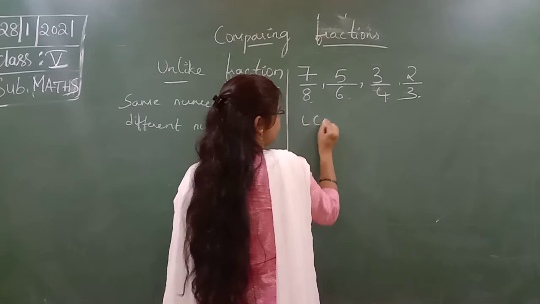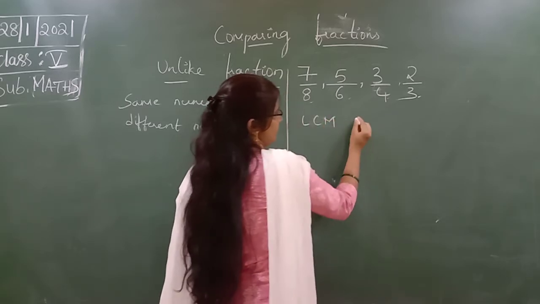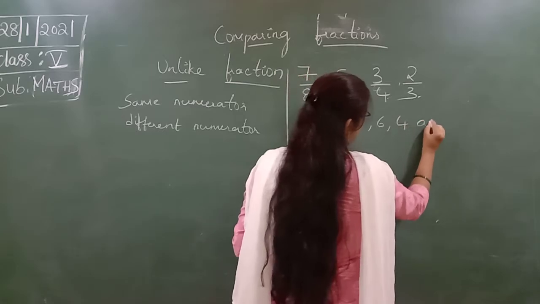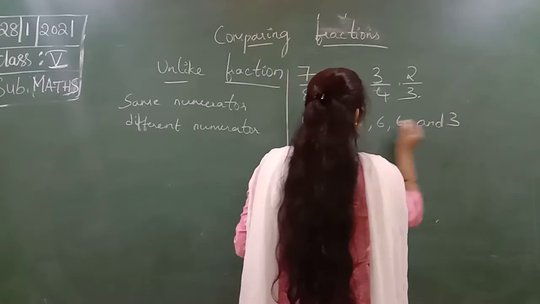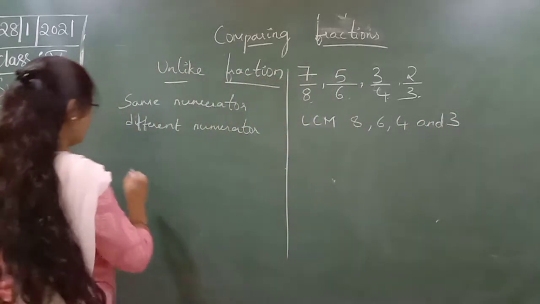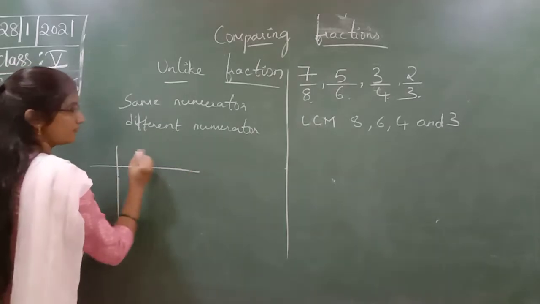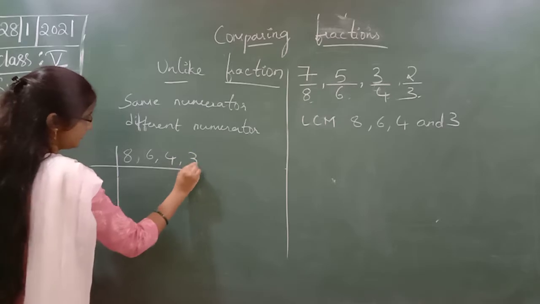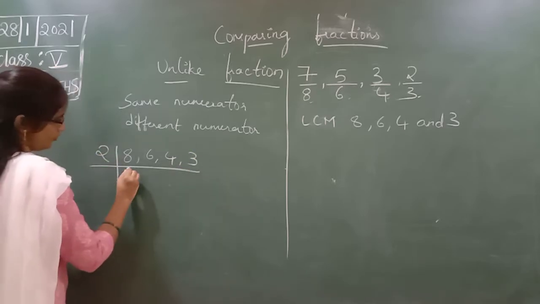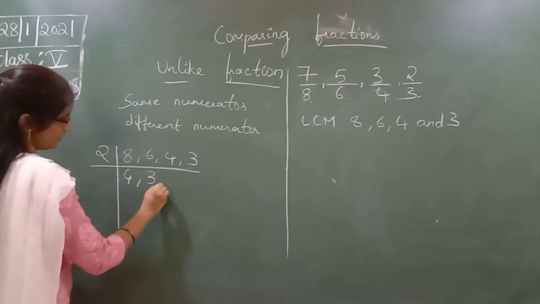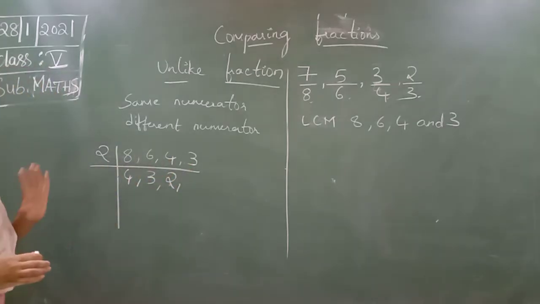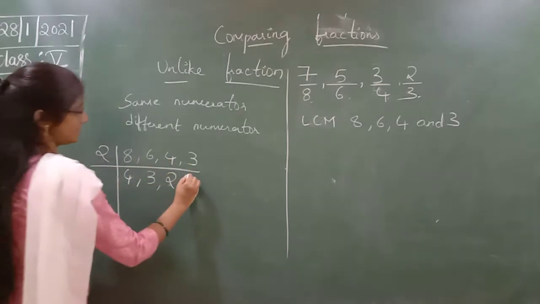The denominators are 8, 6, 4 and 3. Take the LCM of them. What will be the LCM? 8, 6, 4, 3. 2 4s are 8, 2 3s are 6, 2 2s are 4. 3 is not a multiple of 2, so put it as it is.